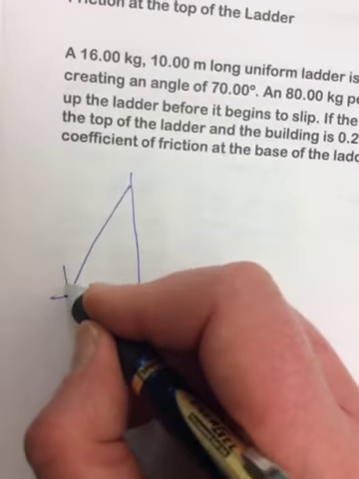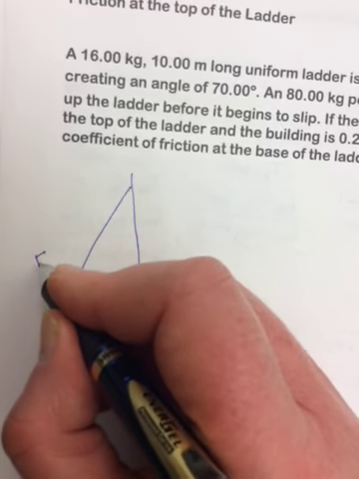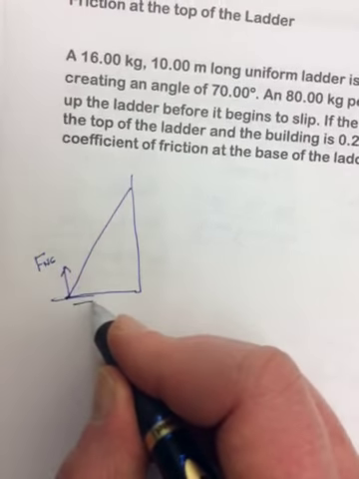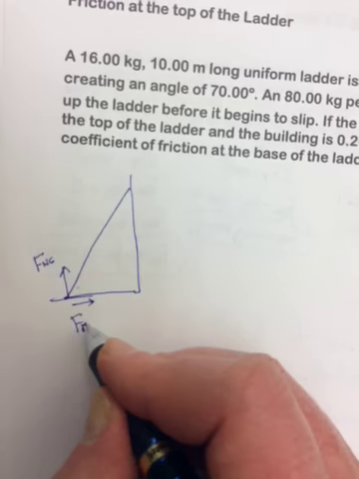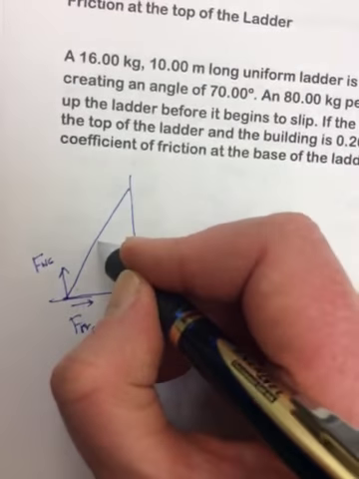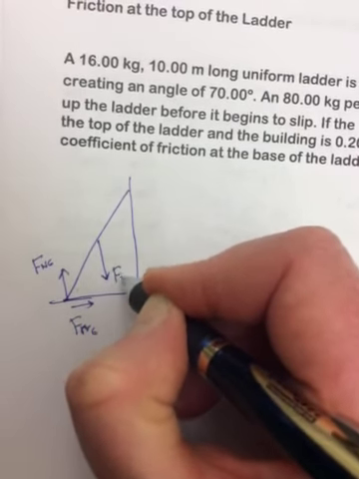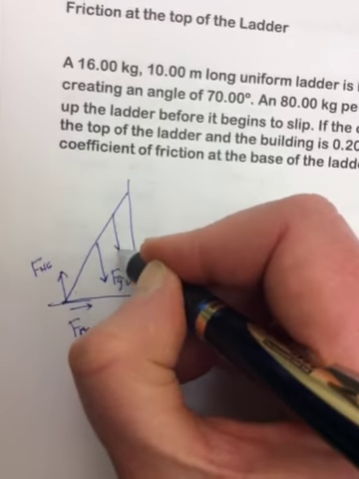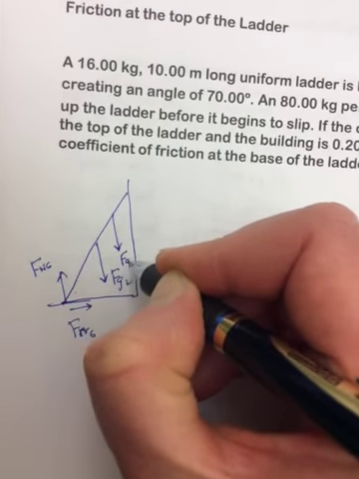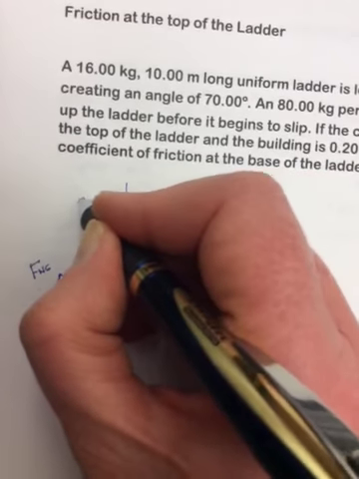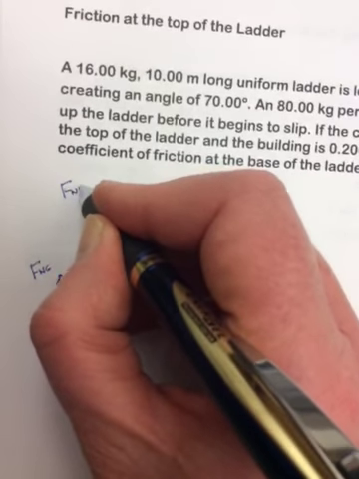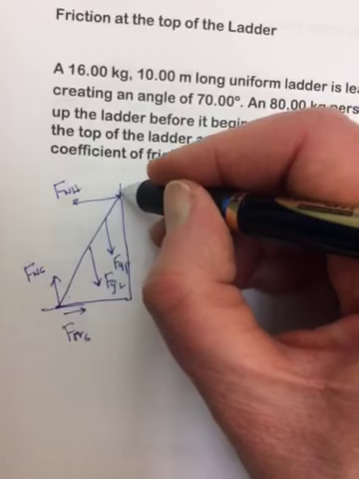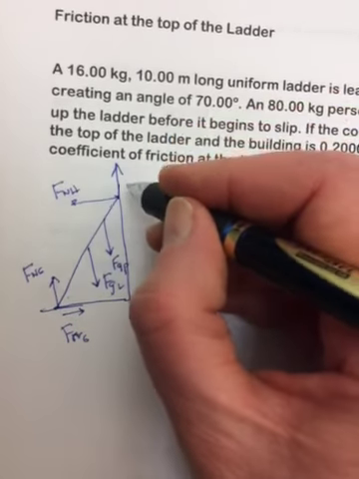But this time, besides having F normal of the ground down here and F friction of the ground down here and the weight of the ladder and the weight of the person and the F normal of the house, this time you're going to have a friction of the house acting up.